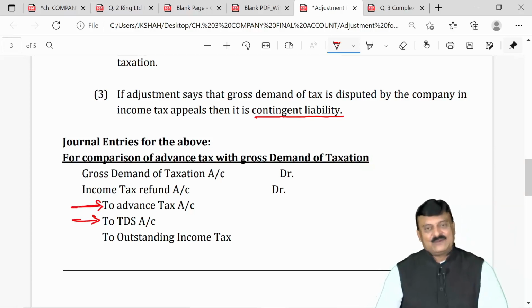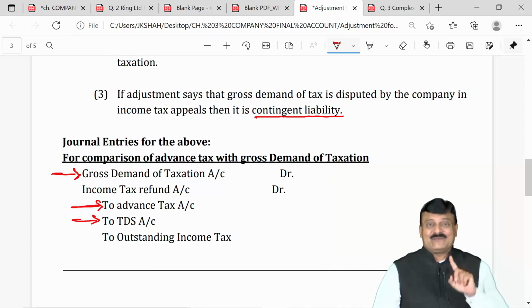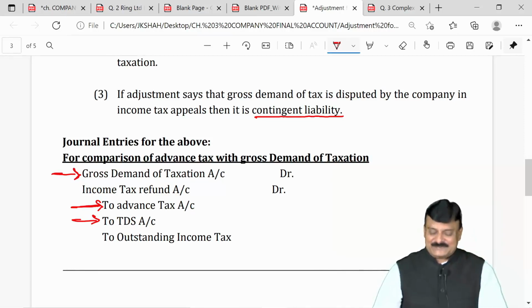Right friends? What to debit is liability for taxation, gross liability. The comparison will either result into income tax refundable or outstanding tax, income tax payable. If it is income tax refundable, it's an asset, so it will have a debit balance. If it is income tax payable, there is outstanding tax. Credit. Liabilities are credit, assets are debit.